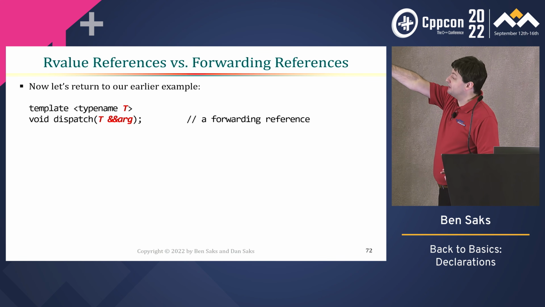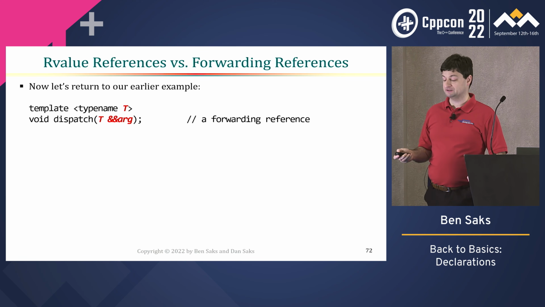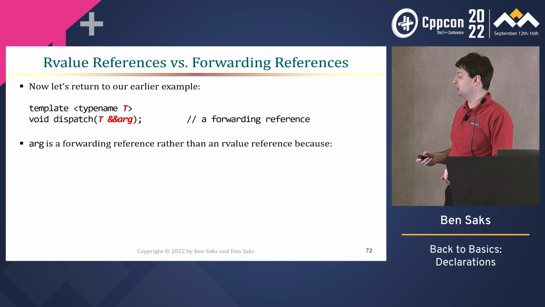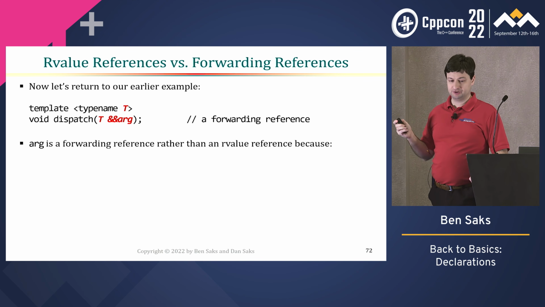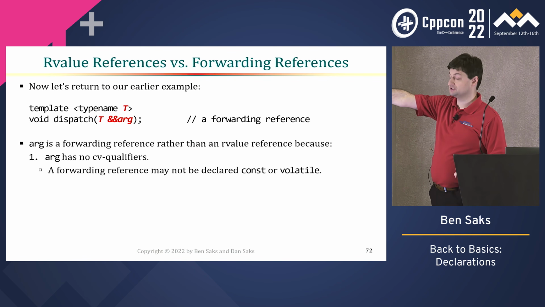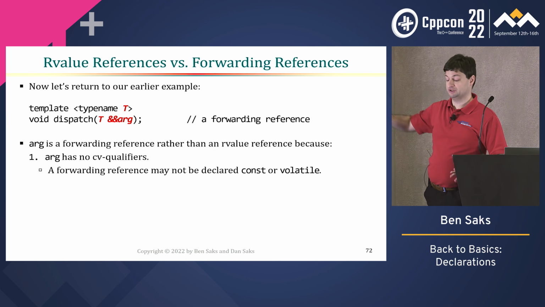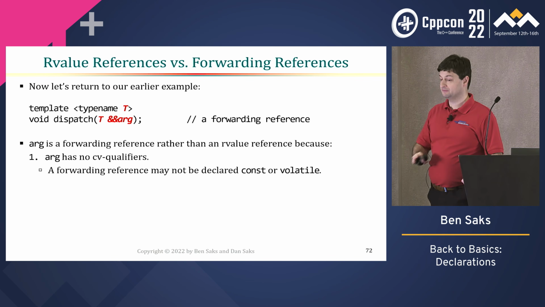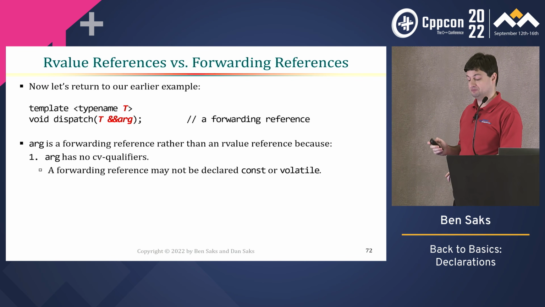So looking back at this example, I said that arg is a forwarding reference here. Now, it's a forwarding reference rather than an rvalue reference because it fits two criteria. It doesn't have any CV qualifiers. It's not declared const or volatile. The rule is if it's got a const or volatile in it, it can't be a forwarding reference. It must be an rvalue reference at that point.